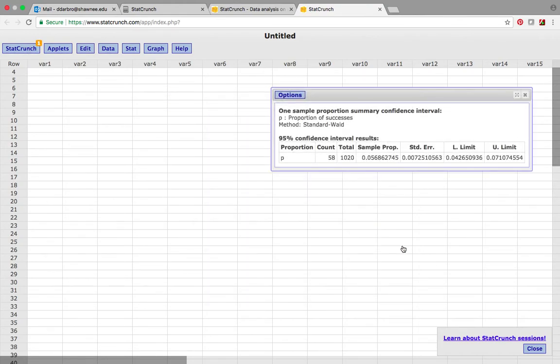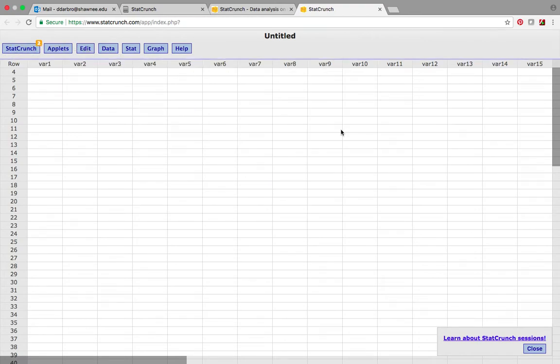So guys, the left bound would be 4.3%, or 0.043. And the right bound would be 7.1%, or 0.071 if the answer needs to be as a proportion.